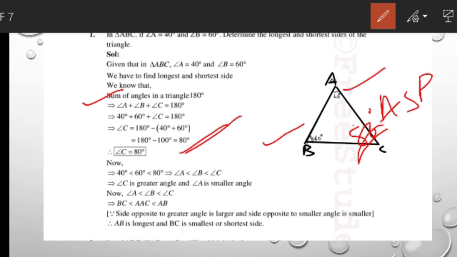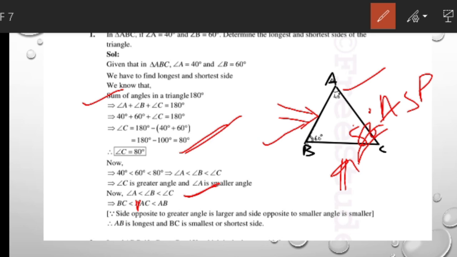The opposite side of angle A is BC. The opposite side of B is AC, which is misprinted as AAC, it will be AC. And the opposite side of angle C is AB. So we have written all the opposite sides.